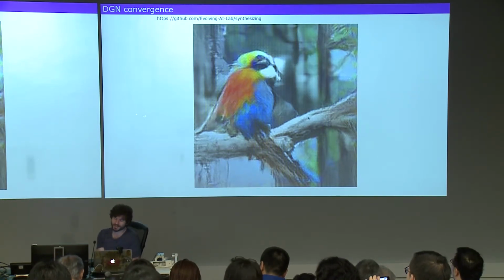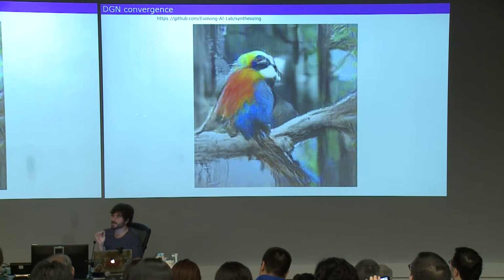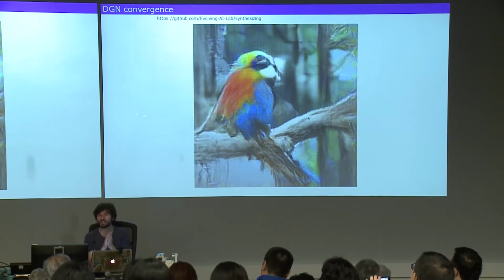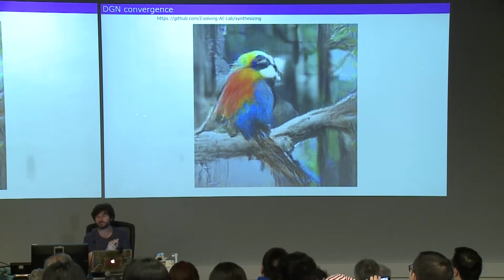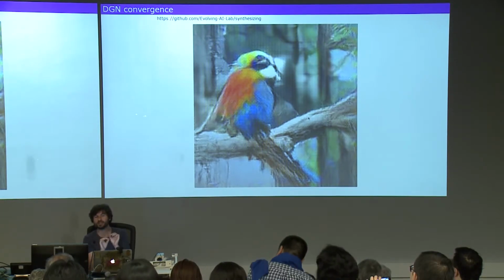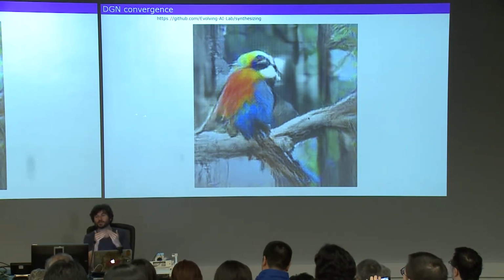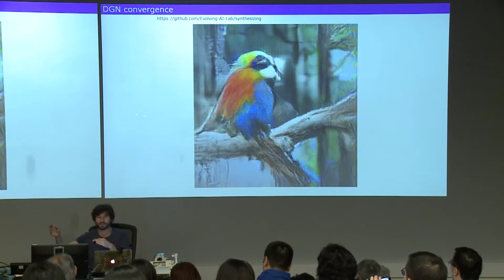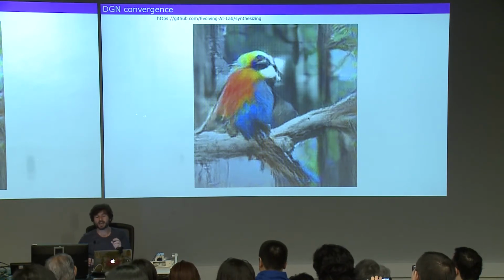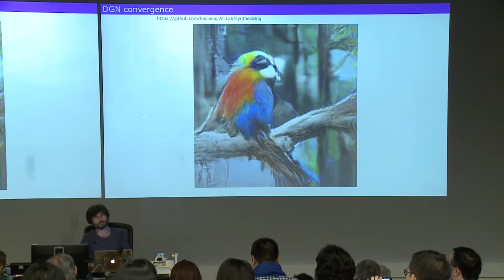I haven't described how DGNs work exactly, but like I said, they're a little bit like a combination of a DCGAN and Deep Dream. It's trying to train the generative model such that it produces an image which maximally activates a particular neuron in a neural network. Let's say you want to produce an image of a macaw.